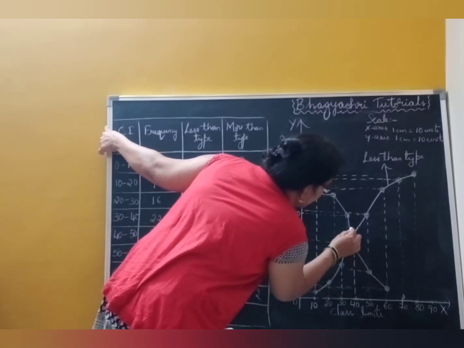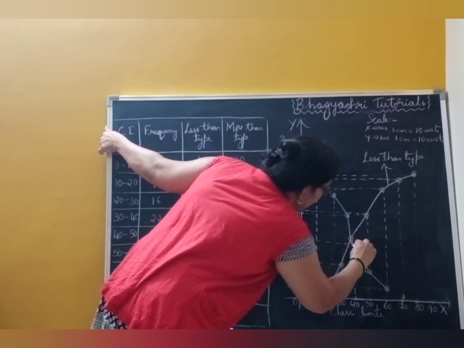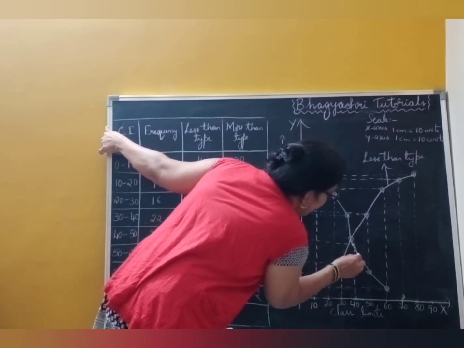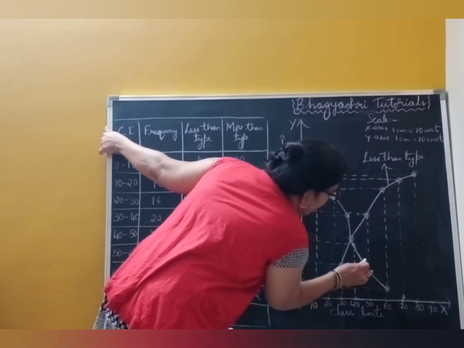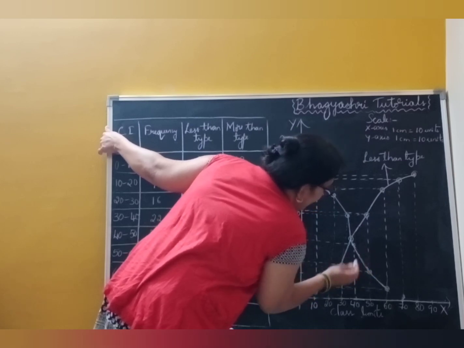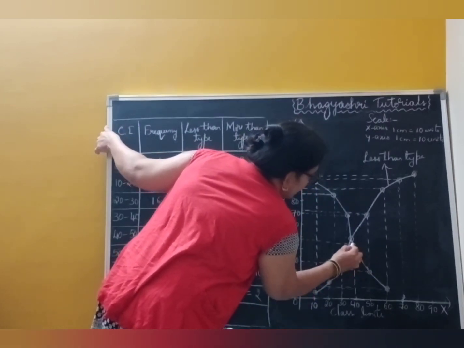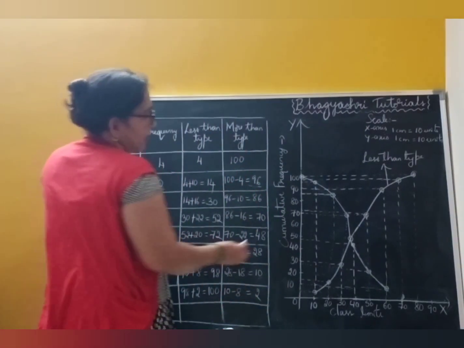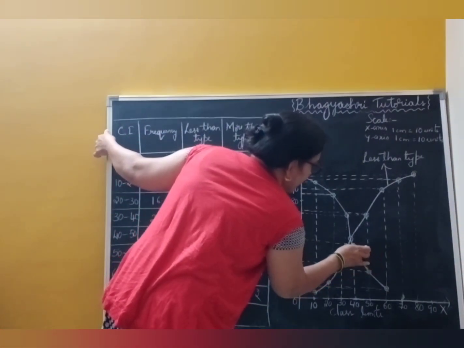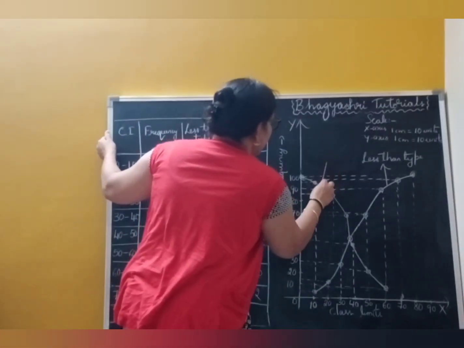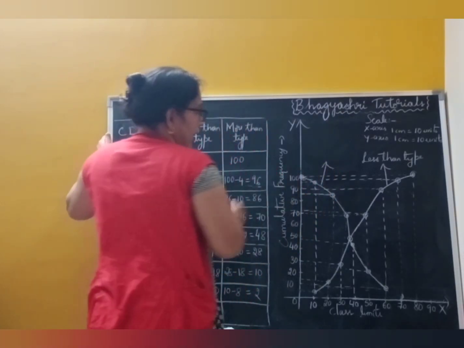Now this is an ogive of more than type. Name this graph the more than type graph.